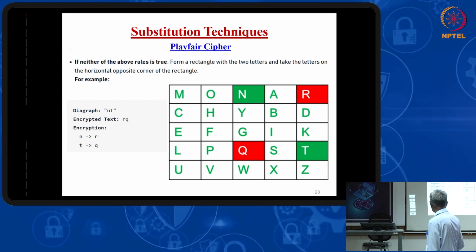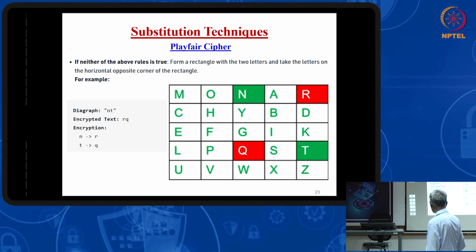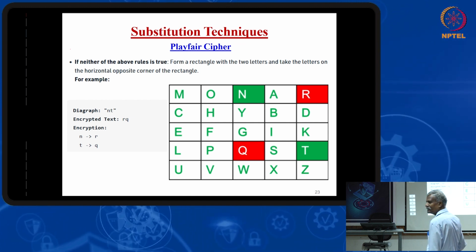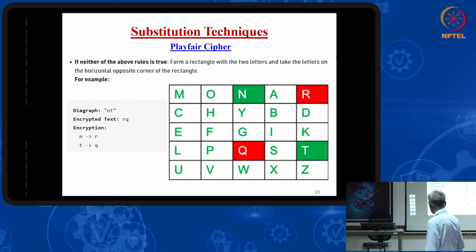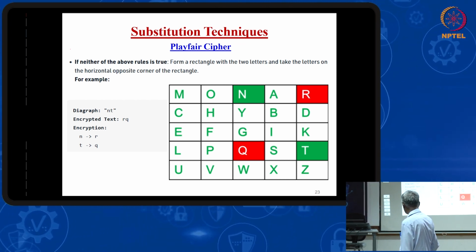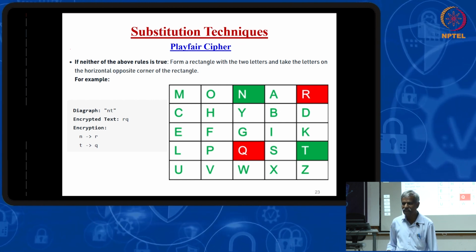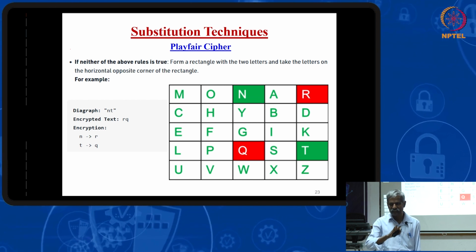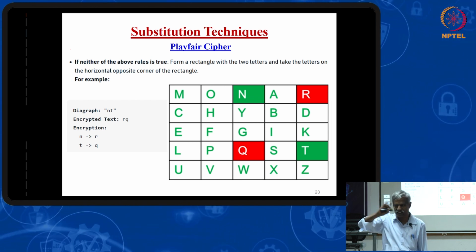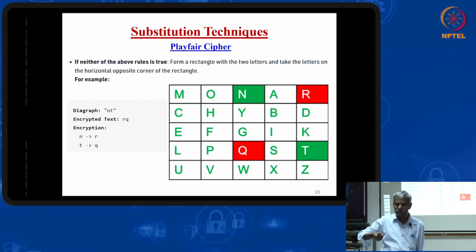First you see N, go right, and T go up, they intersect at this place. Similarly, N come down, T come to the left, they meet at Q. In this way you have to see. You have to start from the first letter's row, then the second time from the first letter's column.